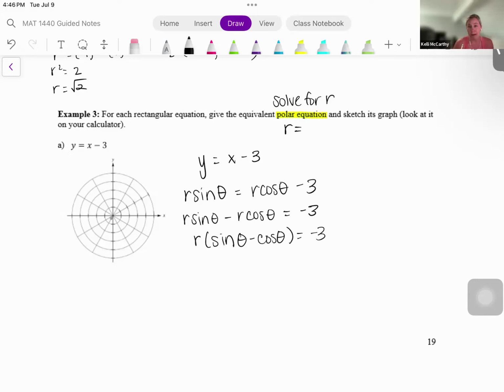And now to get r by itself, we're going to divide both sides by sine theta minus cosine theta. So we have our polar equation, r equals negative 3 divided by sine theta minus cosine theta.